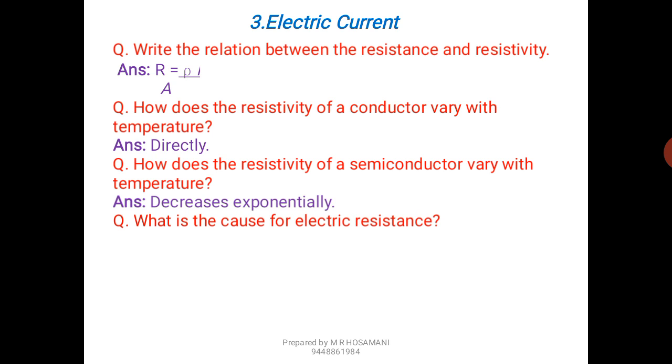So now what is the cause for electric resistance? Collision of free electrons with ions.